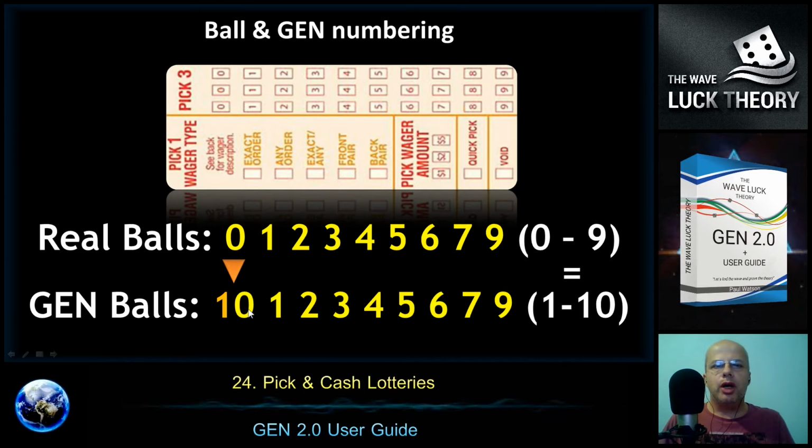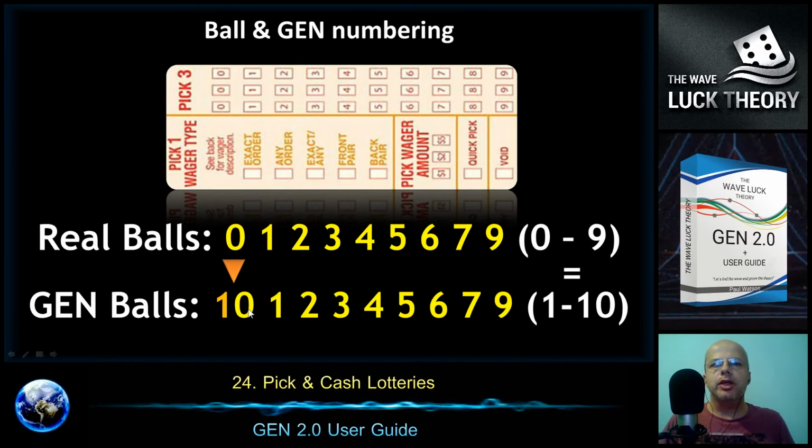When you are inserting the numbers into the input box, instead of 0 you write number 10, and when you are selecting numbers from the output box of the gene to put into the ticket, then number 10 you will cross on the ticket as number 0.